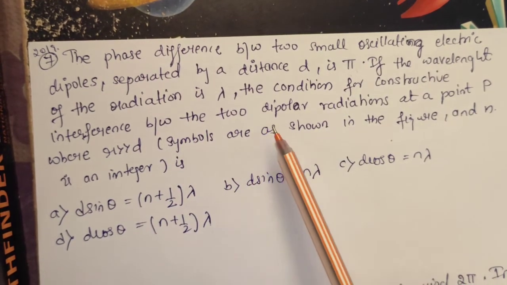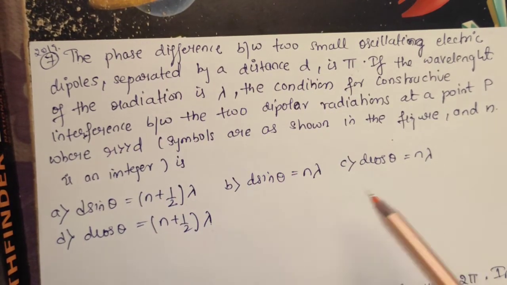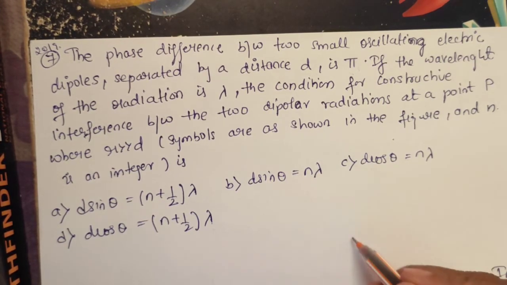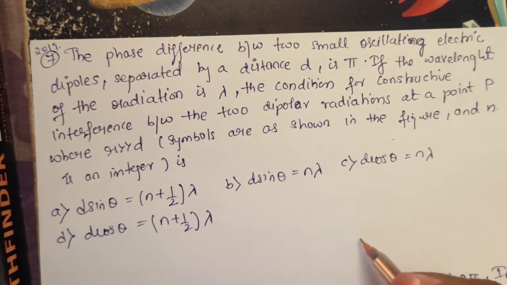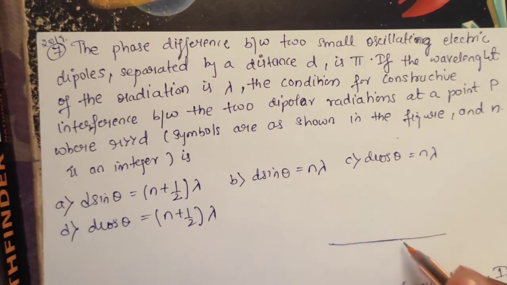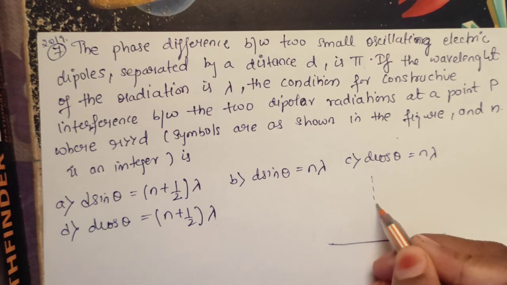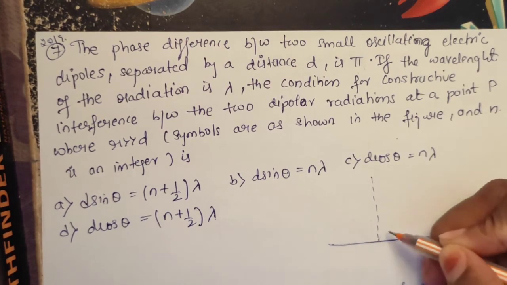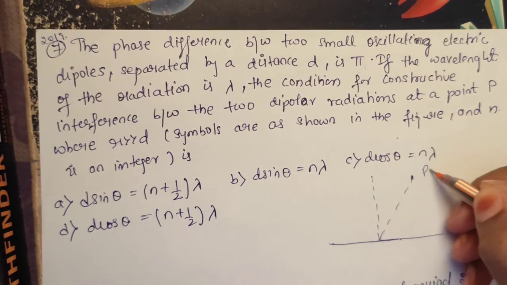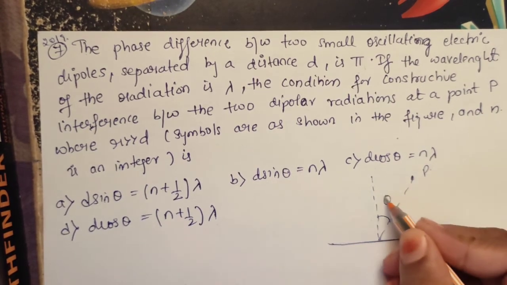So for this given question, we can draw a figure that will be already mentioned in the question paper. Last year they have mentioned the diagram will be like this. And this is the normal. This is the point P, making an angle of theta.